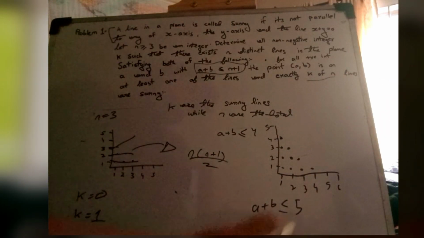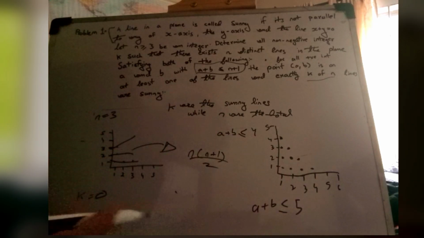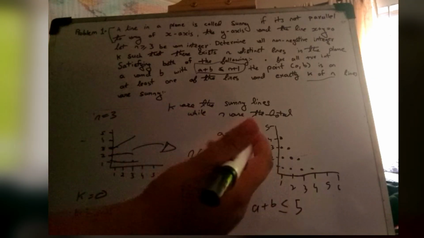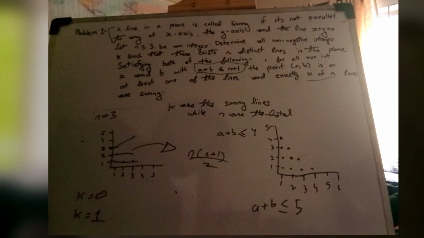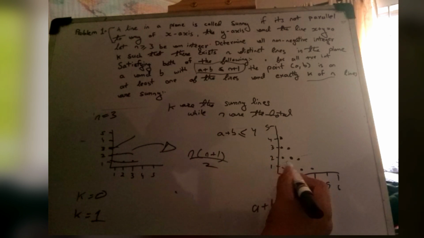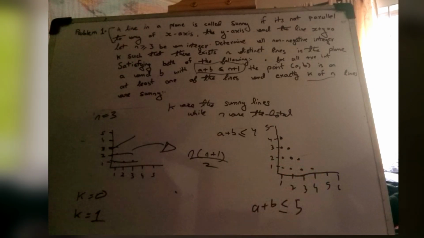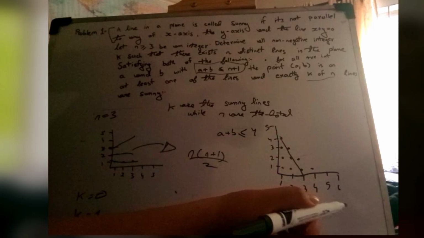Let's first consider a smaller case. We have to find if it is possible to get k equal to 2. If we do it like this, we can't, since this will be x plus y equals 0, which is a non-sunny line. But if we do it like this, we get k equal to 1.